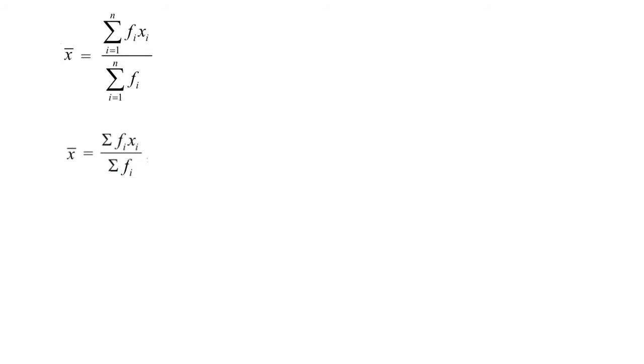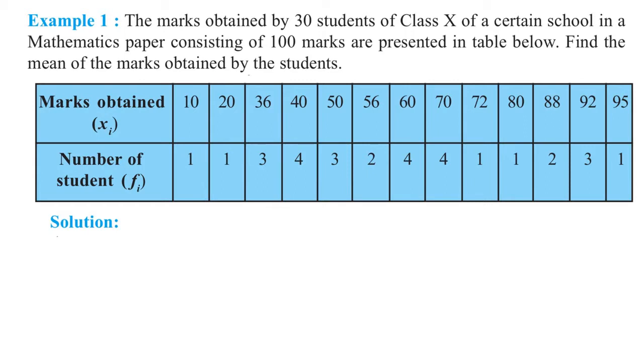Let's try an example based on this concept. The marks obtained by 30 students of class 10 of a certain school in a mathematics paper of 100 marks are presented in the table below. Find the mean of the marks obtained by the students.